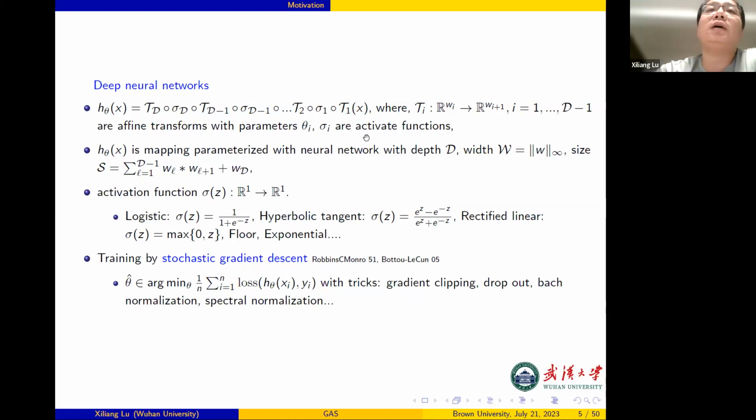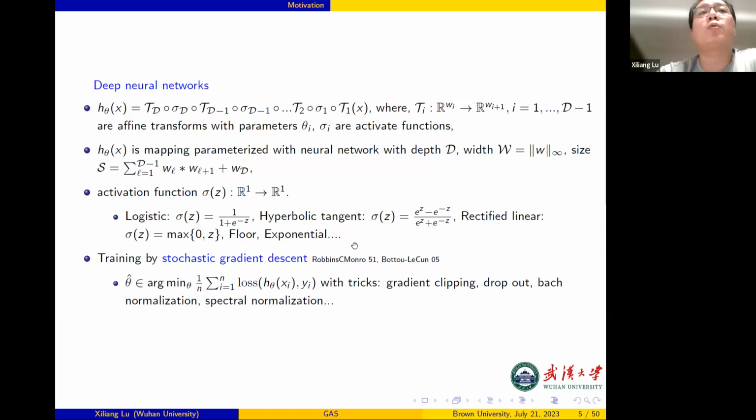The T here are affine transforms, and sigma is a component-wise nonlinear activation function. The activation function can be chosen as the logistic, the ReLU, or others.